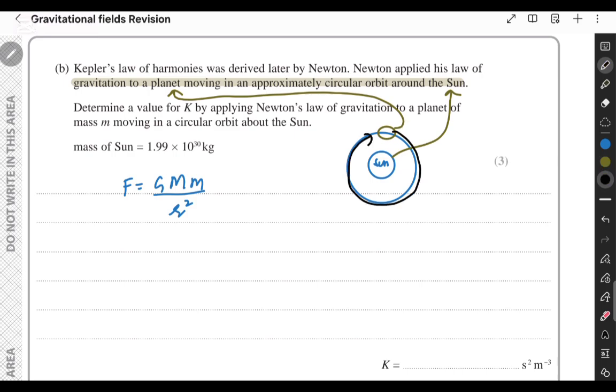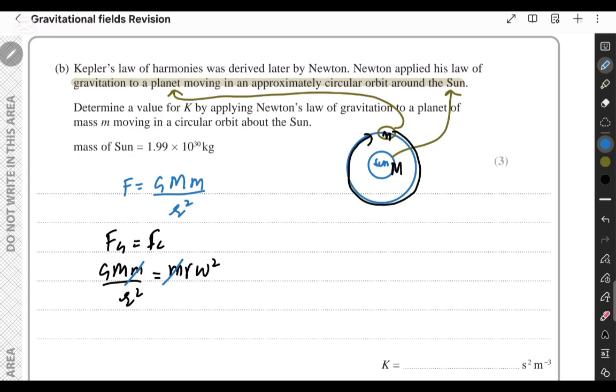This planet is moving in circular motion, so I can say the gravitational force is equal to the centripetal force. So GMm over r squared is equal to m r omega squared, where the small mass is the mass of the planet and the big mass is the mass of the sun.